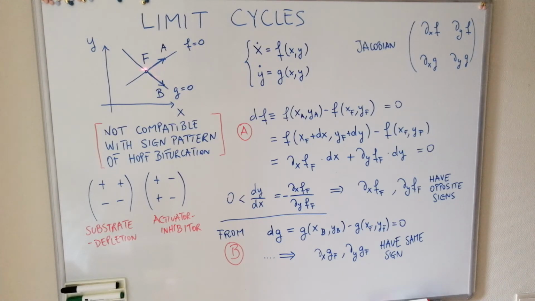It's only when these two null lines intersect each other having the same slope, either g equal to 0 has a curve and is crossing with the same slope, or f equal to 0 is crossing with a negative slope. That gives either of the two.